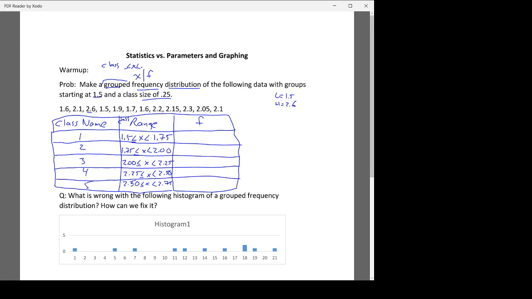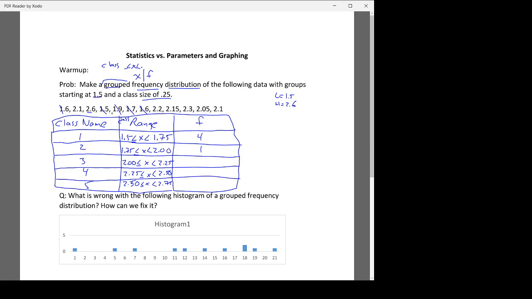That's the easiest way. And then frequencies. So what are all the ones between 1.5 and 1.75 that include 1.5 but do not include 1.75? So 1.6, that's 1. It includes that, so 2. And then 1.7, that's in there, 3. 1.6, yeah, 4 of them. And then 1.75 to 2. Let's see here. There's 1.9, that's 1. Just 1.